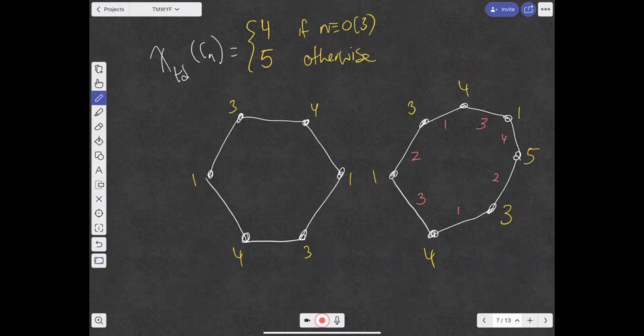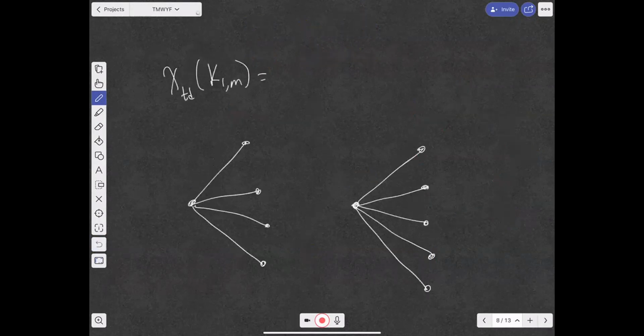All right, let's do one more of these together. So interestingly, complete bipartite graphs, we had a conjecture for it, but we didn't end up trying to prove that result. Complete bipartite graphs got a little complicated kind of quickly.